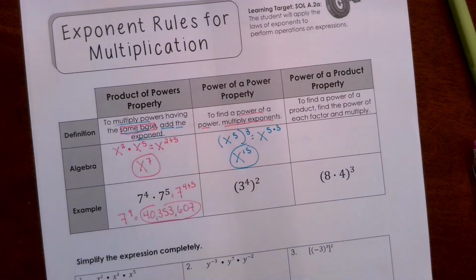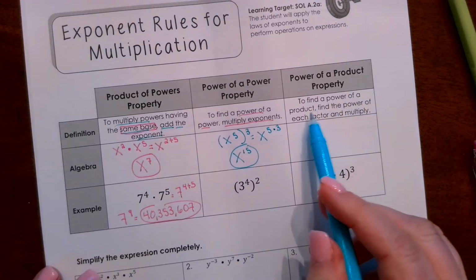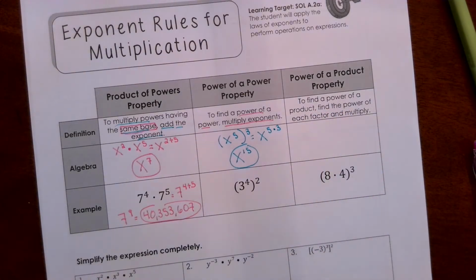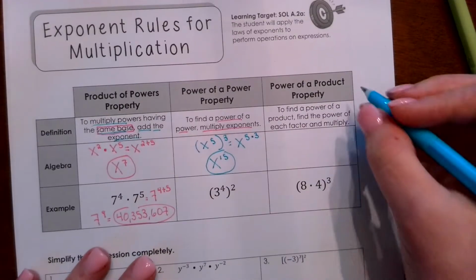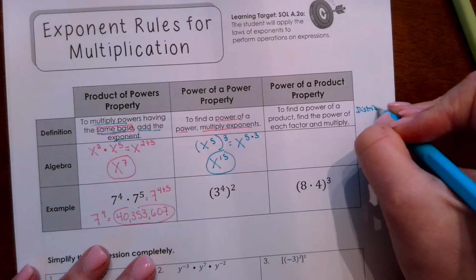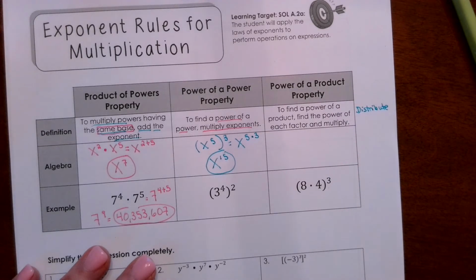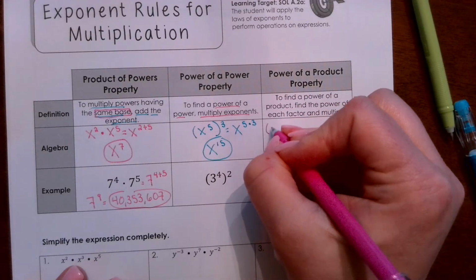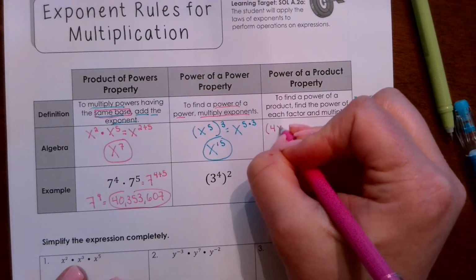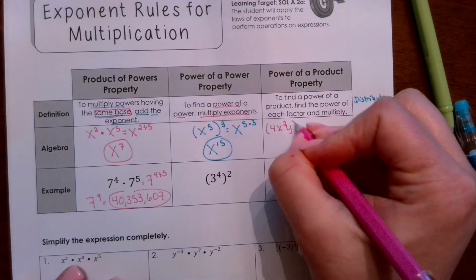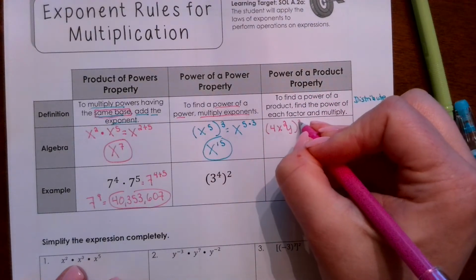And finally is the power of a product property. And that's if I want to find the power of a product, I'm going to find the power of each factor and then multiply. So I like to kind of think about it like distributing. And let's take a look at what that is going to look like. Let's say I have 4 to the x squared times y to the 3rd power.